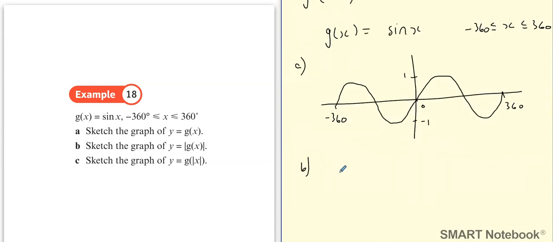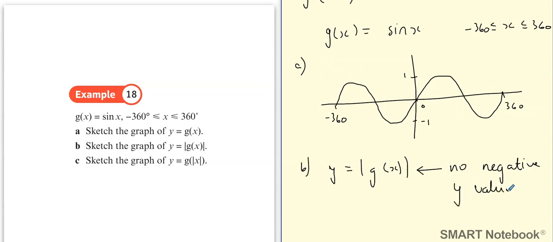Now, part B is saying sketch y equals the modulus of g of x. This basically means no negative y values. Just like before, what we are going to do is highlight anything that was below the x-axis, and we are going to reflect it in the x-axis.